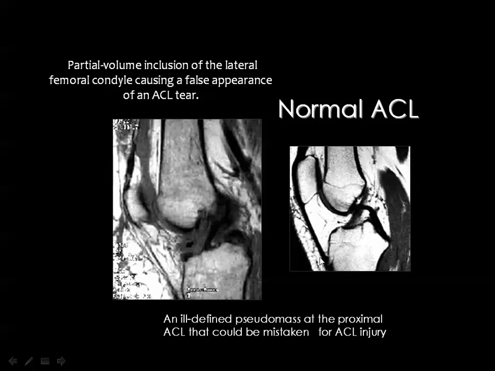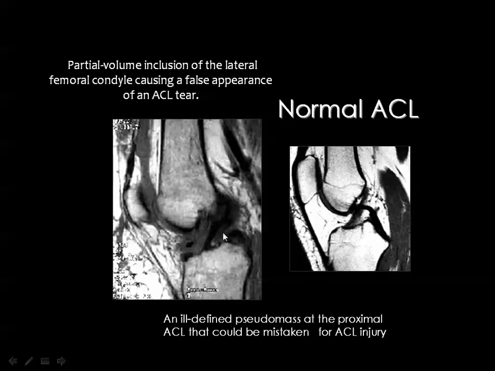But sometimes you can see the anterior cruciate ligament like this, especially where the femoral attachment appears bulky, but the ligament is black, maintaining its normal signal, and is stretched. This is a partial volume average. You are cutting part of the femoral condyle with the insertion site of the anterior cruciate ligament.